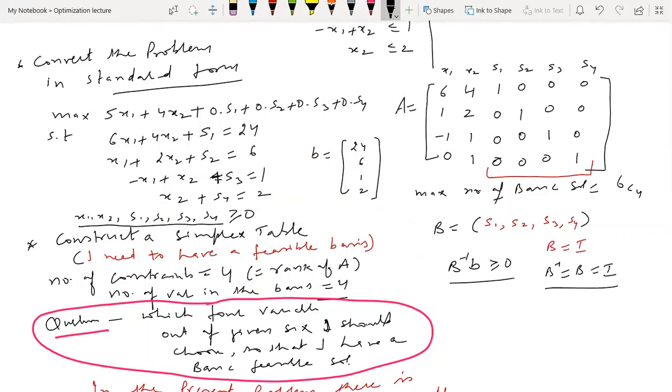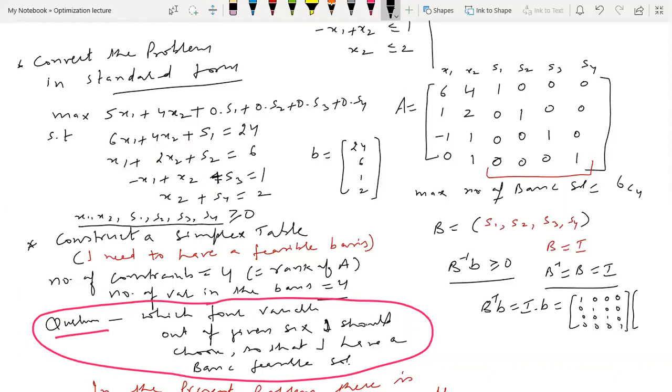So I immediately find the inverse because I have an identity matrix inside the matrix A. Okay, and because the identity matrix is there, I can always guarantee that B inverse multiplied with B is identity multiplied with B. And what is that? You can see it is 1 0 0 0, 0 1 0 0, 0 0 1 0, 0 0 0 1, because the inverse is the same matrix.